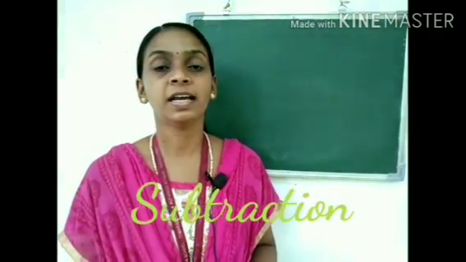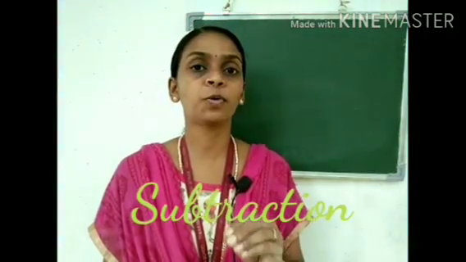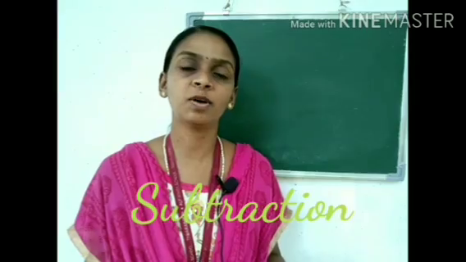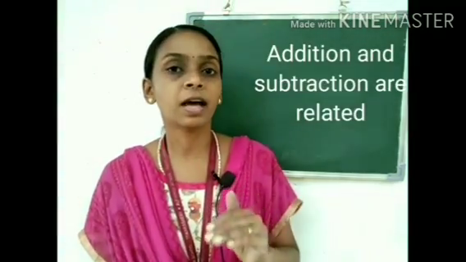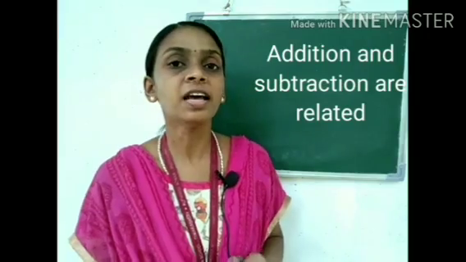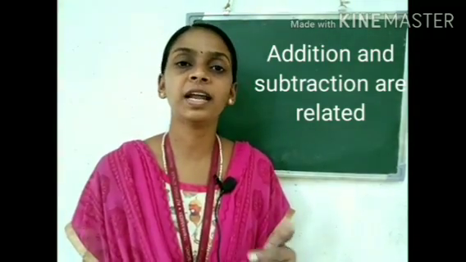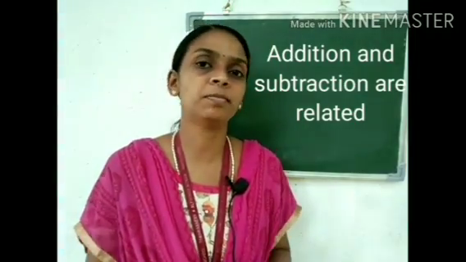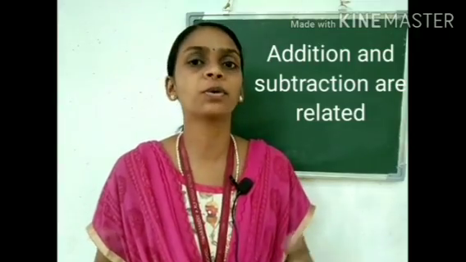We studied so many things, and in this class we studied that addition and subtraction are related. When we have a little confusion about whether our subtraction answer is wrong, we will do this addition method to conclude whether our answer is correct or not.